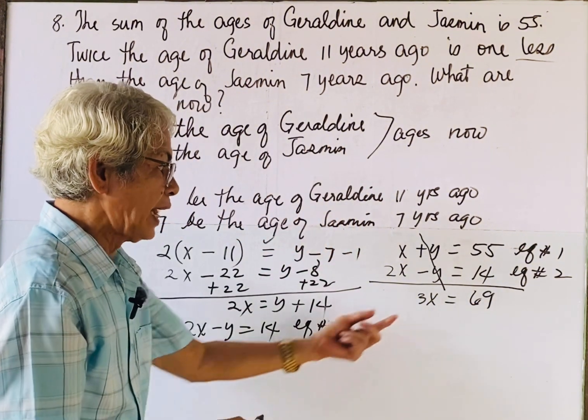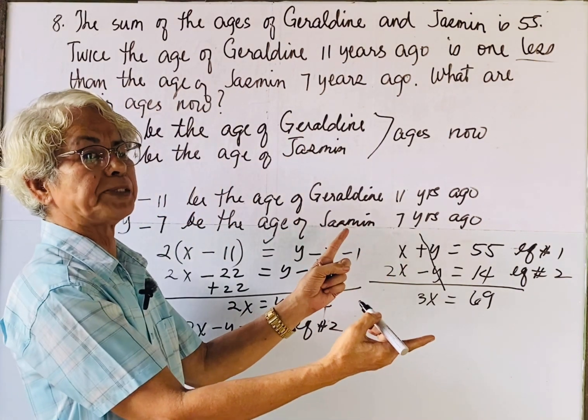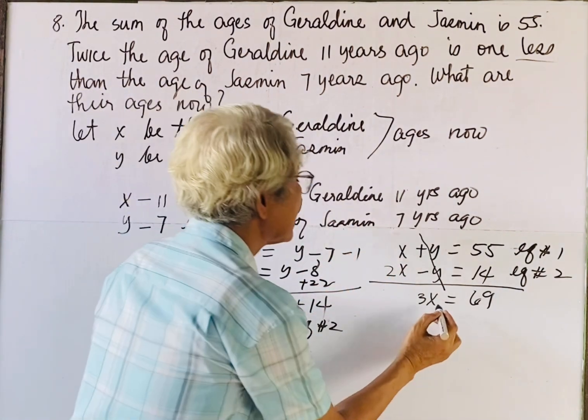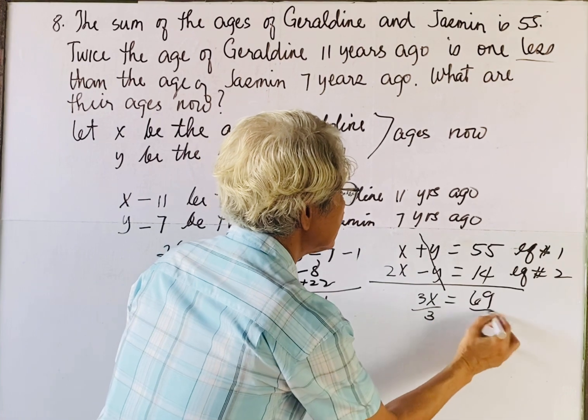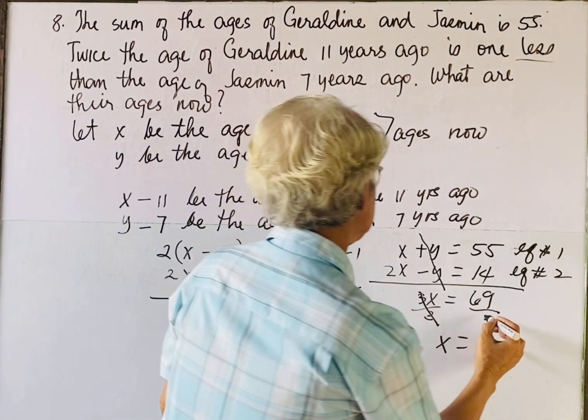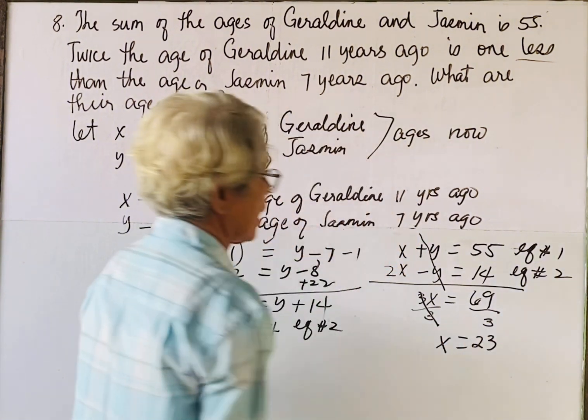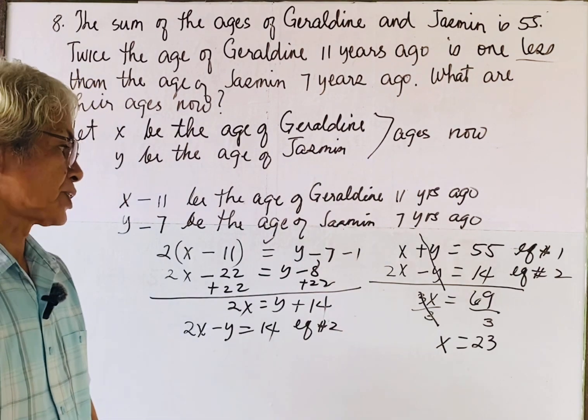And then, let us cancel the coefficient of x by multiplying both sides by 1/3 or simply divide them by 3. Okay, so x equals 23. Okay, 23 years old.